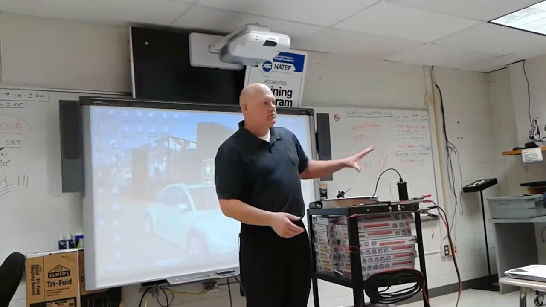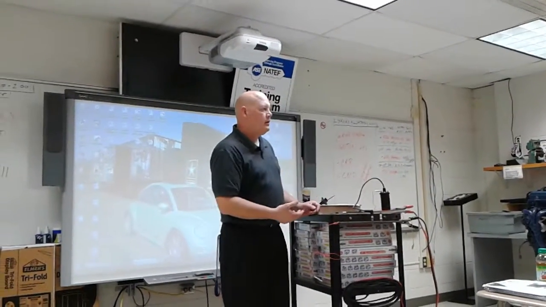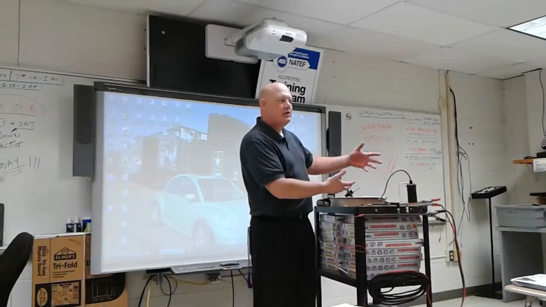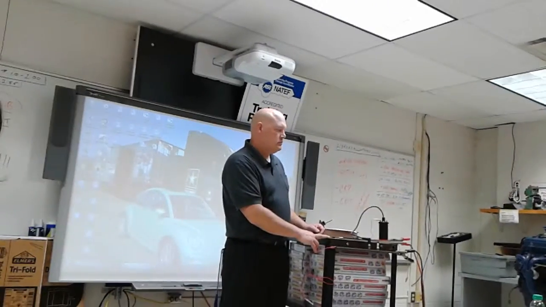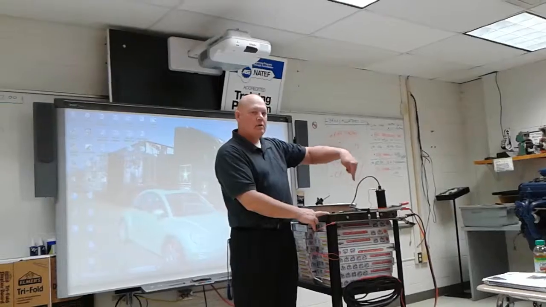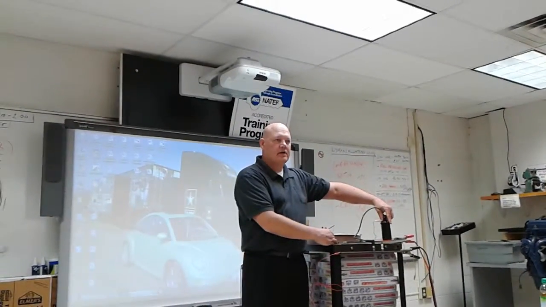What parts are we looking at here that is the secondary side, the high voltage side? What parts here are going to use the 30,000 volts? Spark plug. The spark plug, the spark plug wire, and then the coil inside, that secondary coil.